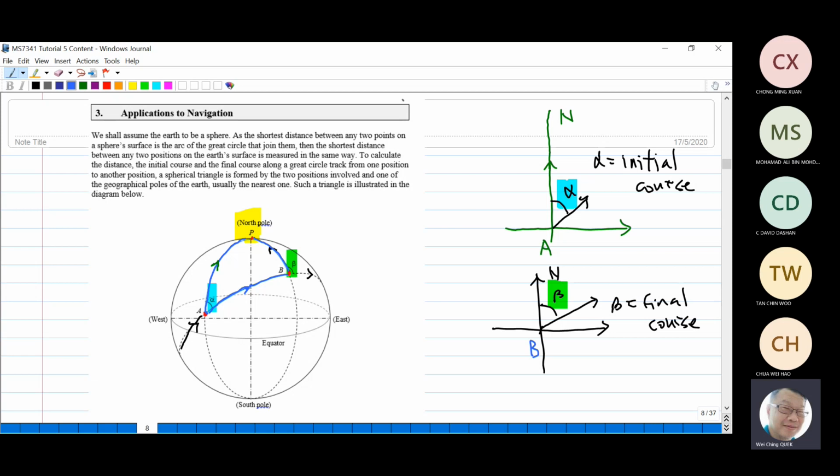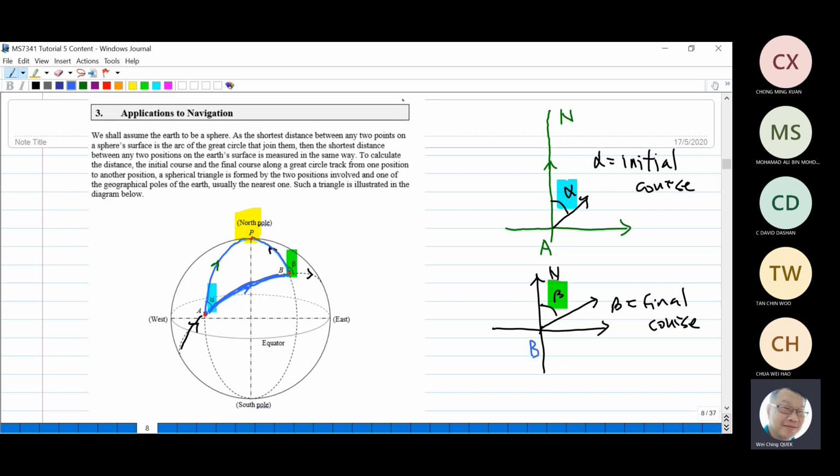Usually very similar to bearing, where we look at bearing here. You can see the diagram. If a ship moves from A to B, let me show you here, this A to B. Now, usually from A to B, you can join the North Pole first.